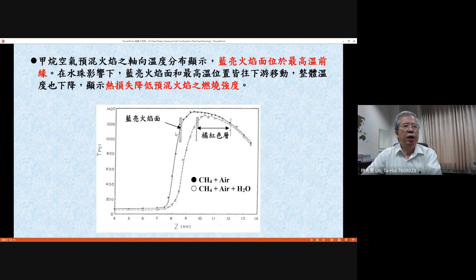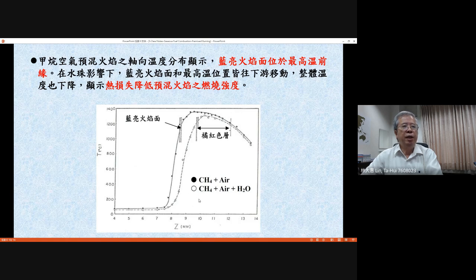The variation corresponds to the previous introduction on the flame structure of a one-dimensional premixed flame. Now, in the next case, we apply small water particles accompanying the mixture, and those experimental data are represented by the open circles.